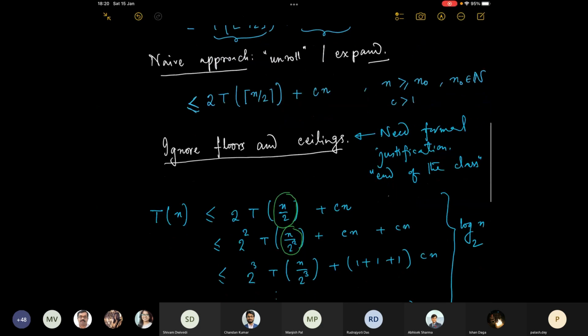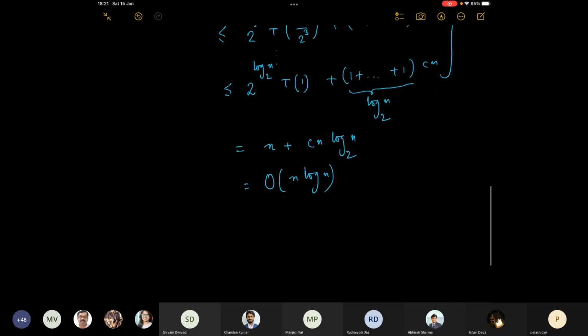What if it is 3T(n/2)? What if it is 4T(n/3)? What if it is 2T(n/2) plus cn squared instead of cn? Let's generalize it.